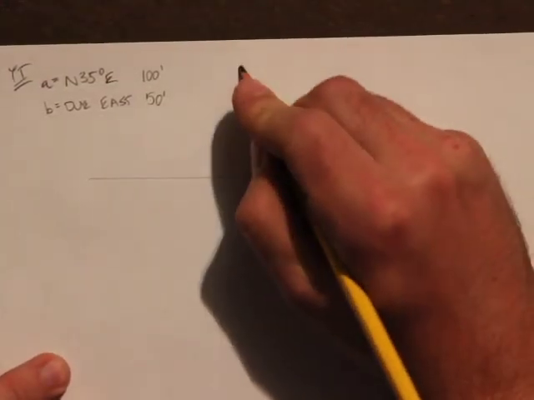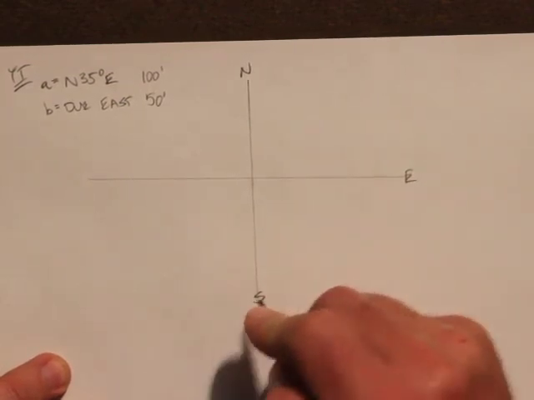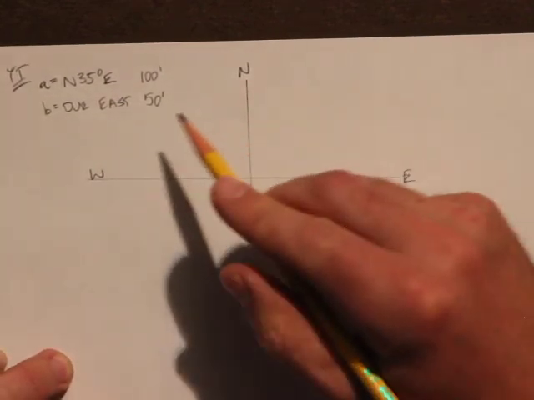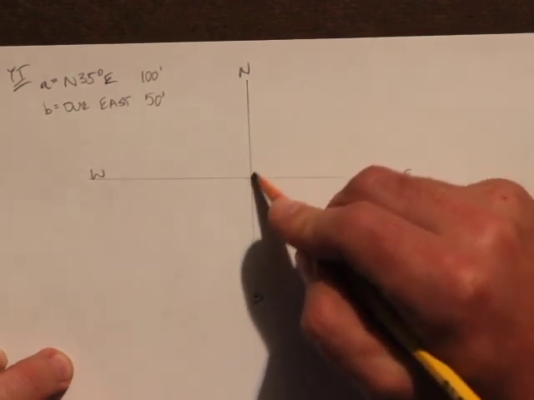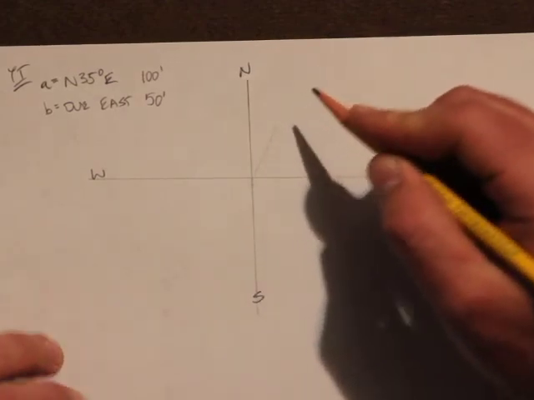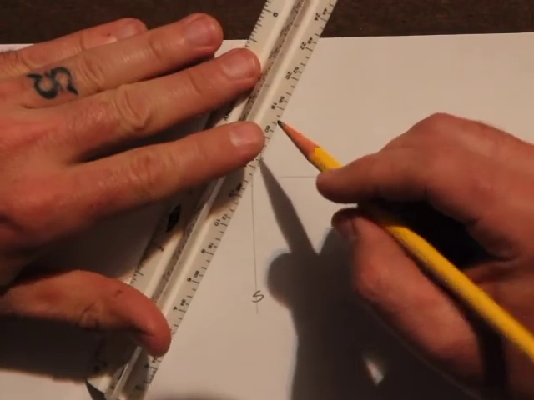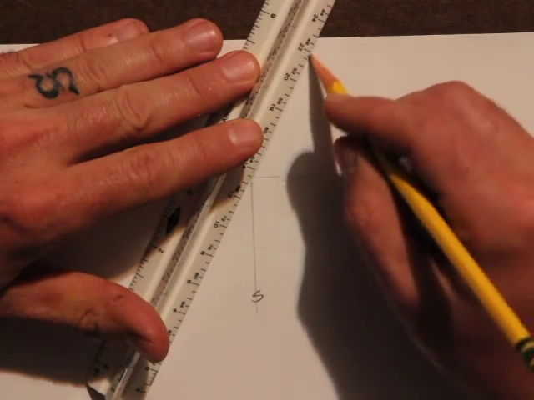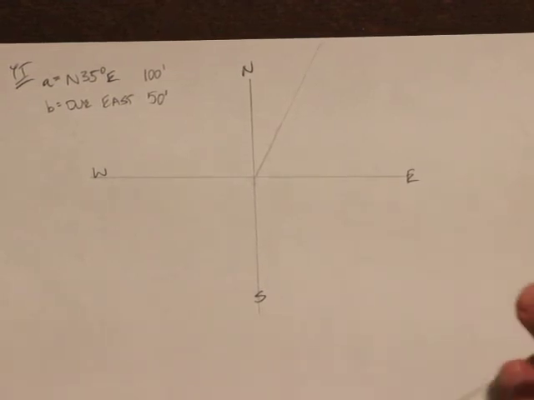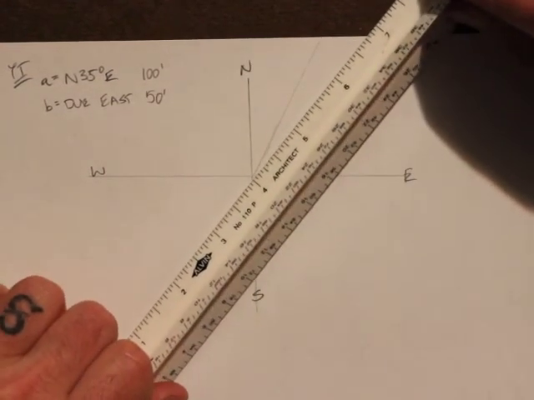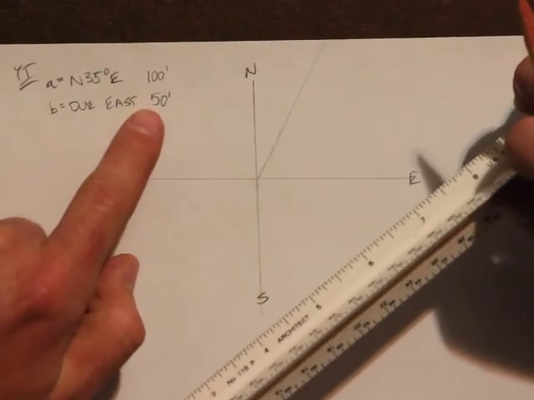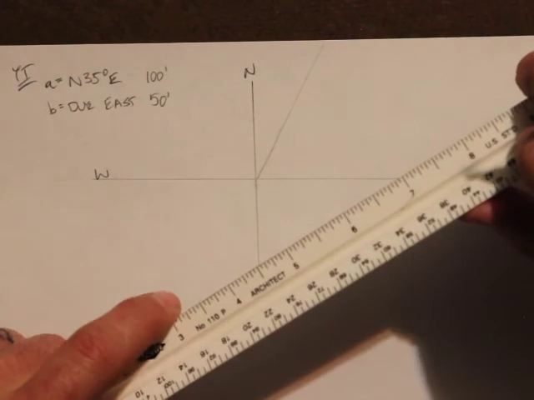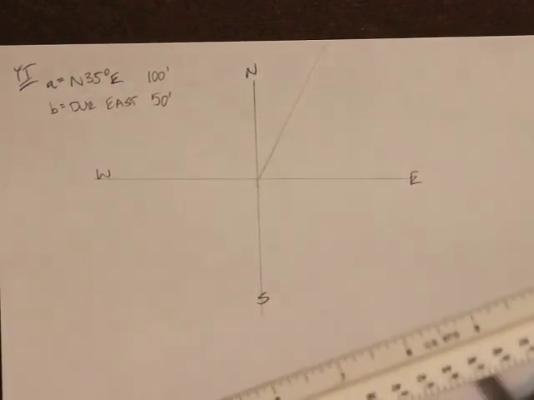All right, we've got north, east, south, west. So vector A is 35 degrees. So we're going to say this is about 35 degrees right here. I'm going to draw that fairly lightly. And that is at 100 feet. So an easy way to do that, let's say 25 feet equals a half inch.